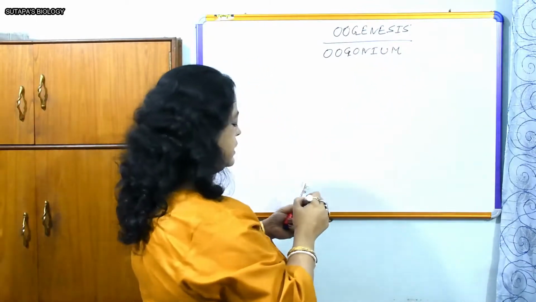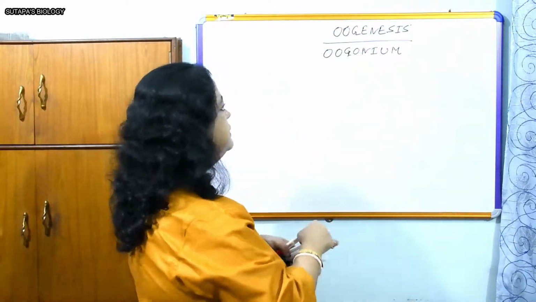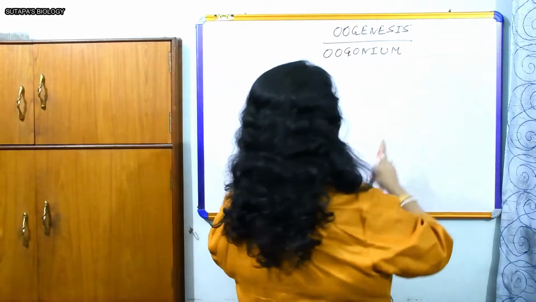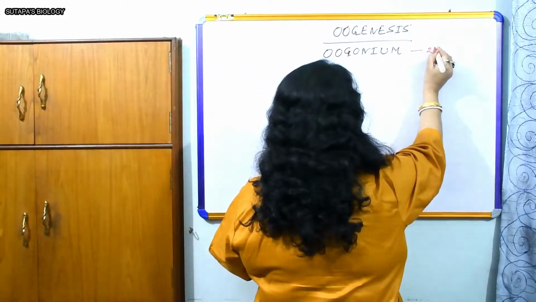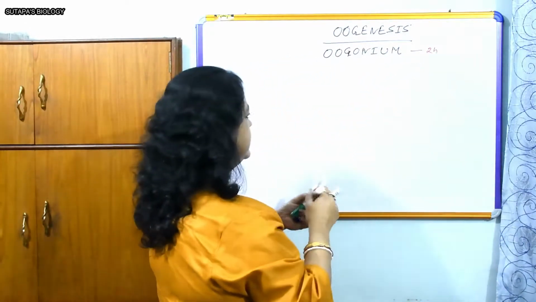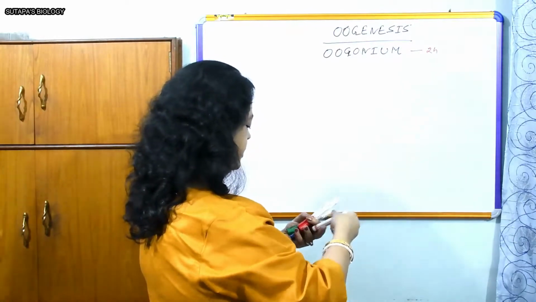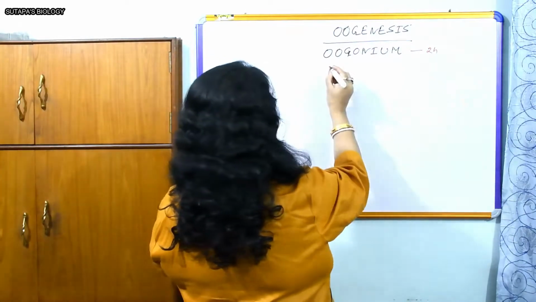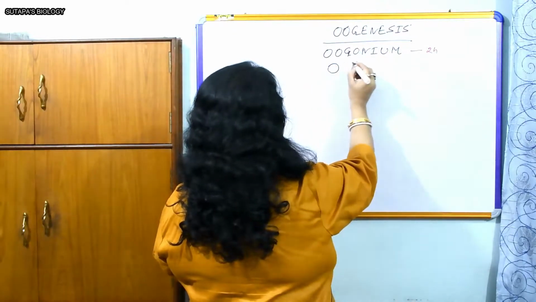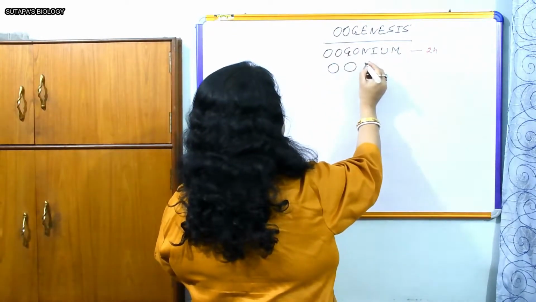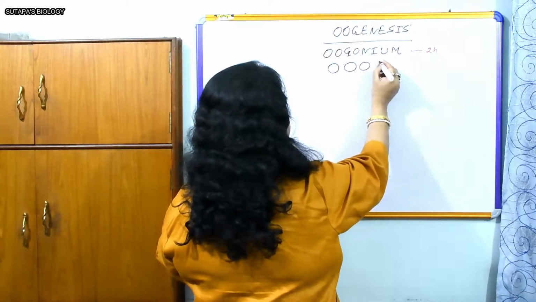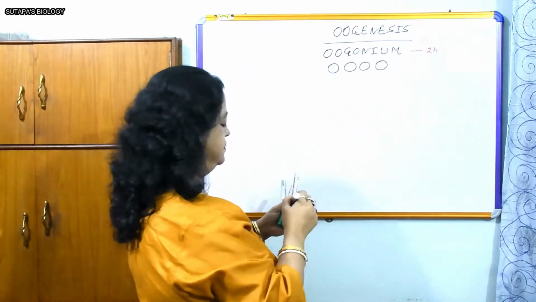Its chromosomal complement is also twin, like the spermatogonium. These are also round cells, like the spermatogonium. These all cells are twin.